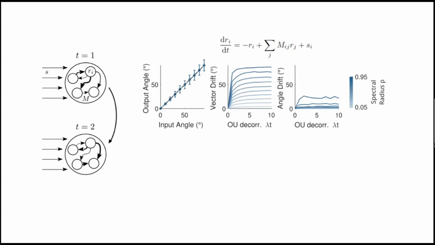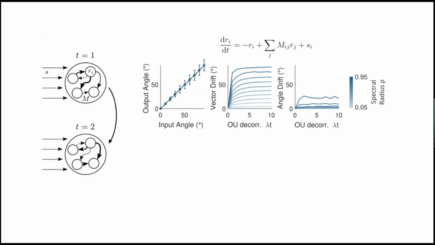For the linear model, the relationship between input and output is the identity. If you look at the overall rotation, it depends not only on the amount of change I make, the x-axis, but it also depends on the spectral radius, which essentially measures how close the system is to an instability.